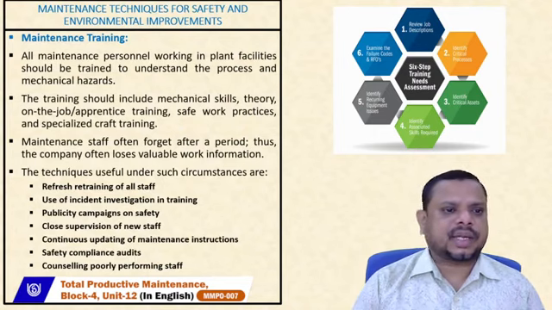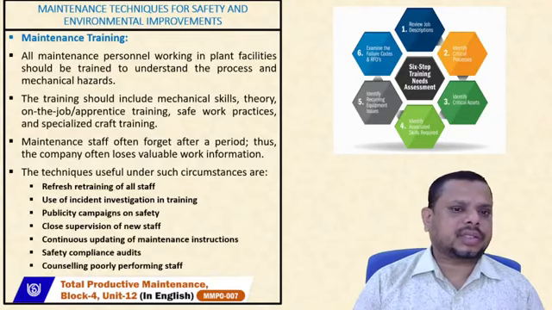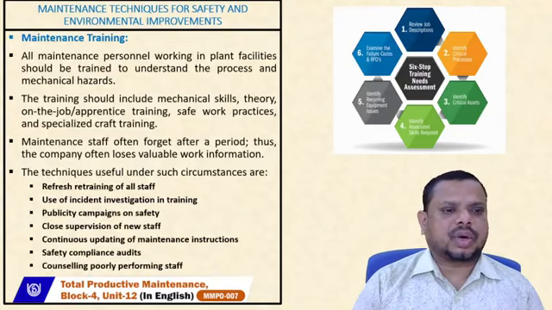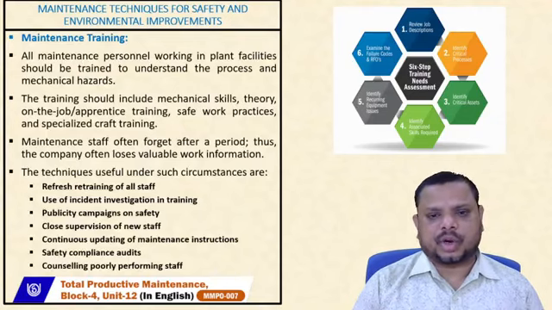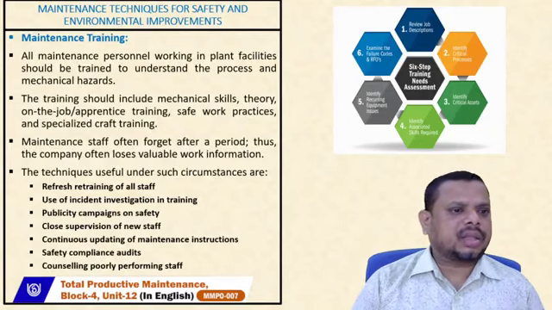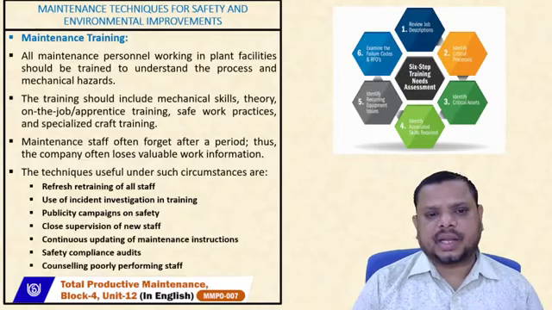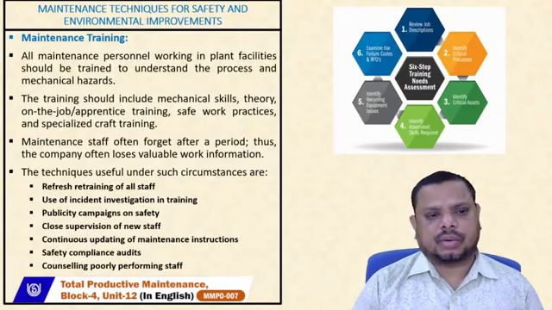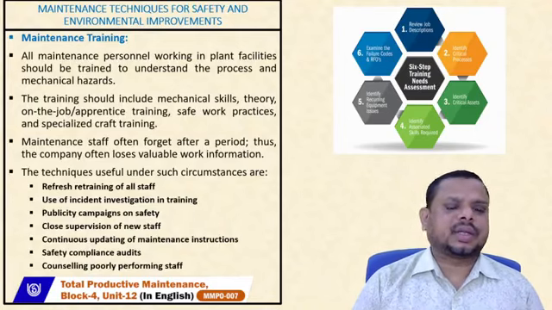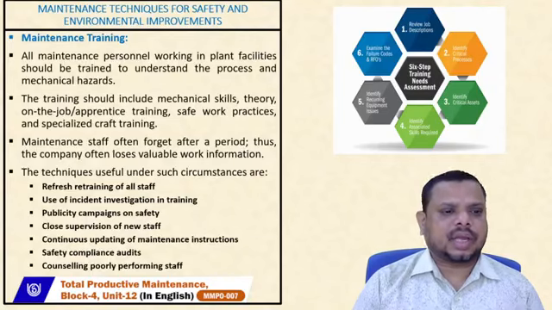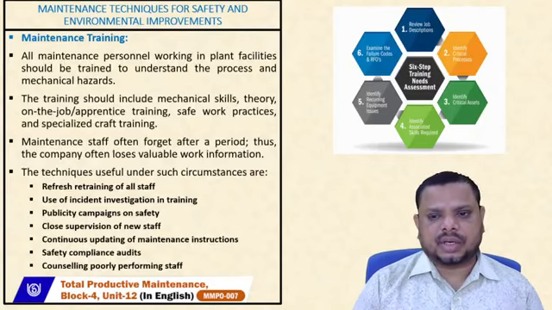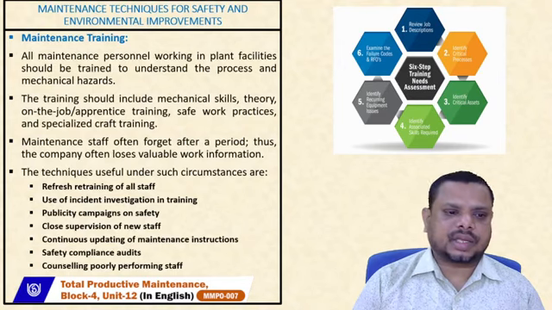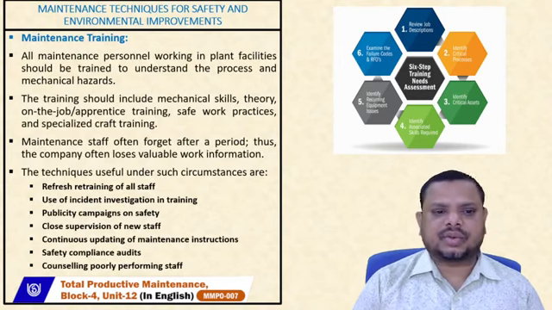So why is maintenance training the most important part? To understand the process and the mechanical hazards. This is point number one. Under maintenance training, the company provides mechanical skill training, theory, and on-the-job training. It also includes apprenticeship training, safe work practice, and specialized craft training. And what are the different techniques used?